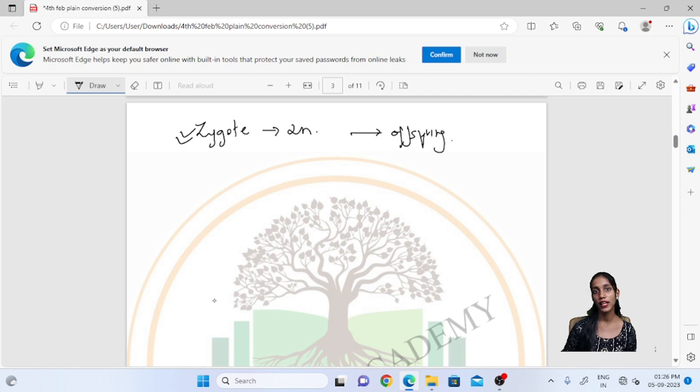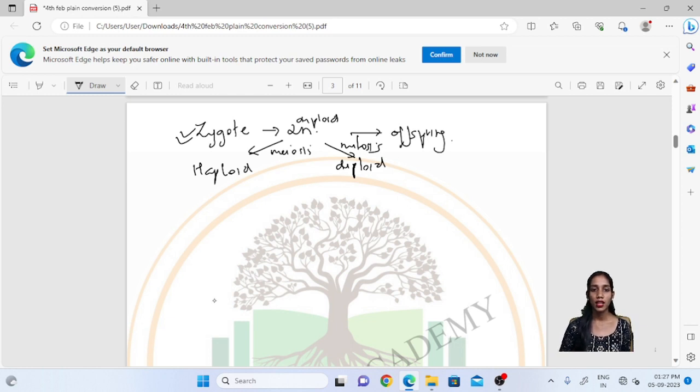Each organism will have a different cycle. For example, some organisms are haploid and some are diploid. As I had mentioned in the previous video, if you want to convert diploid to haploid, then it is meiosis, so meiosis has to take place over here, and diploid to diploid, then mitosis.